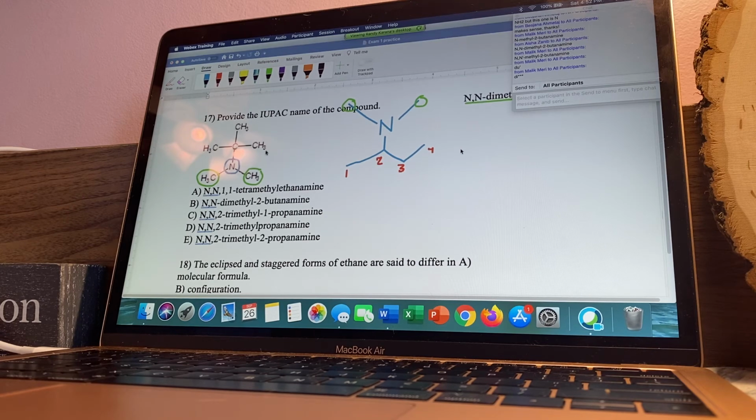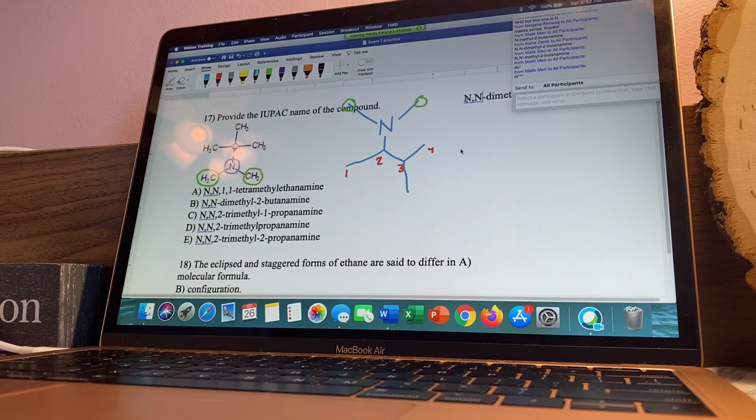Now where it gets a little bit different is what if I had a methyl group coming off of number 3 also? And the way you would name this is you have 3 methyl groups and you would name them exactly where they're coming off of.